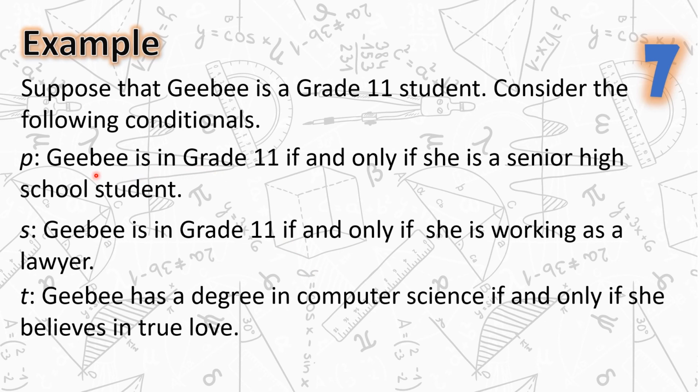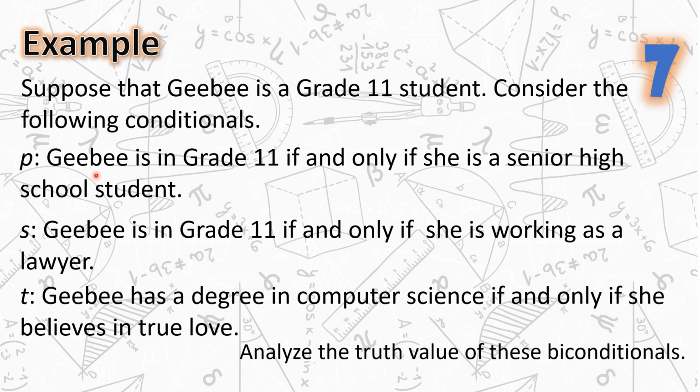Let's start with proposition P. Proposition P is true since the first proposition, GB is in grade 11, is true. And the second proposition, she is a senior high school student, that is also true.